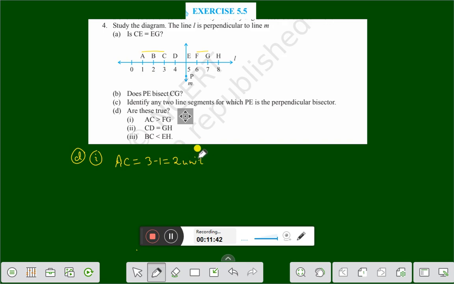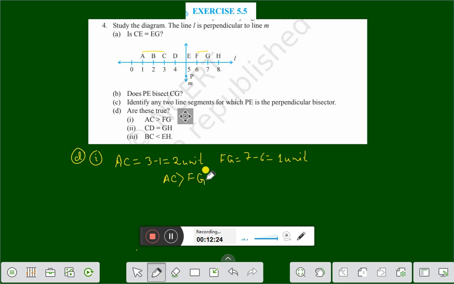And if we find the value of FG, what is the value of FG? The final value is 7, initial value is 6, that is 7 minus 6, which is equal to 1 unit. Right? Therefore, we can say that AC is greater than FG. It is right.